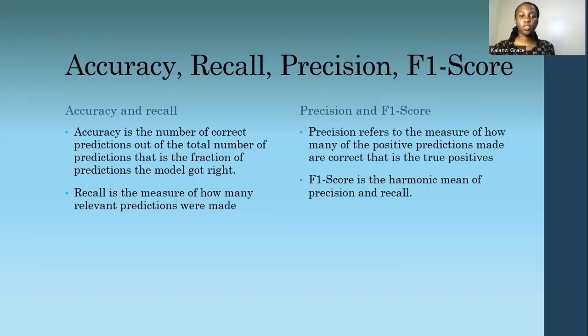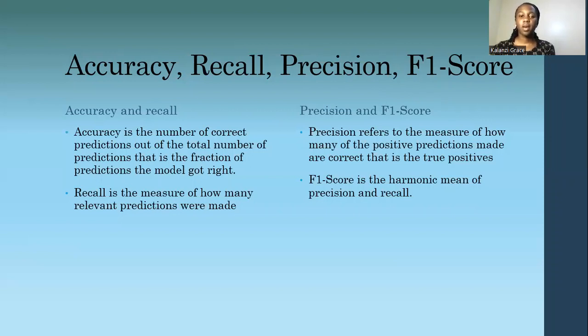Then when we come to accuracy, recall, precision, and F1 score, these are measures of how our predictions can come out. If the AI model has now scanned something, has it scanned it correctly?